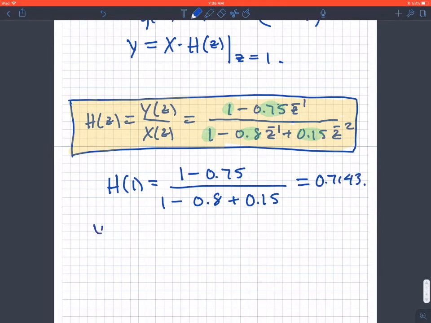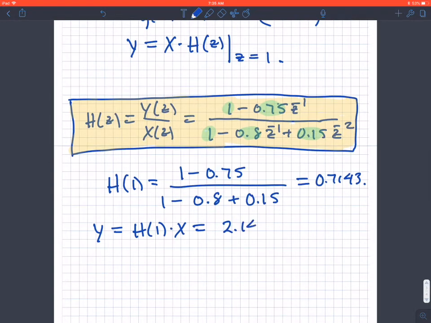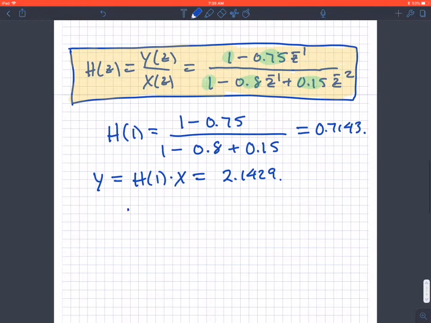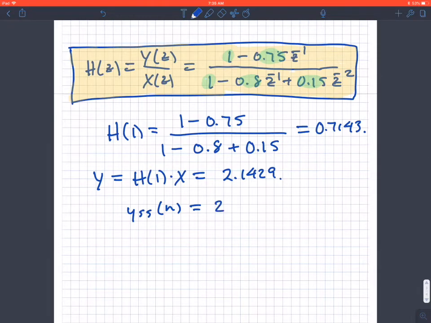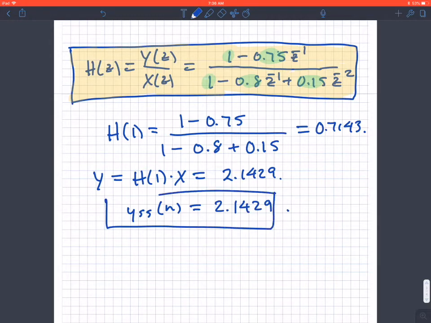All right, and then cap y is going to be h of z times cap x. So I essentially need to multiply h by 3, and what I get is 2.1429. All right, so that tells you the answer, the steady state output for this difference equation. If you have x is equal to 3, the steady state output value is going to be 2.1429. Okay, so that's the answer for part C.